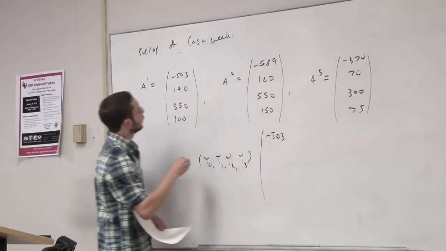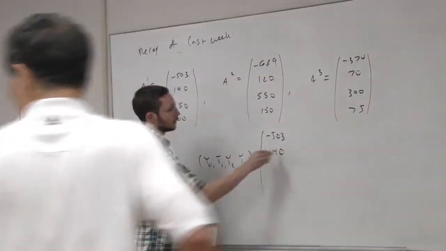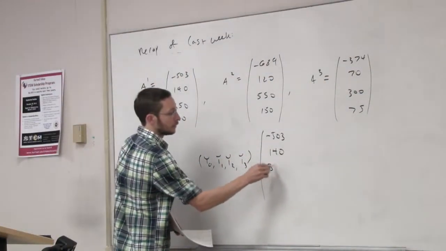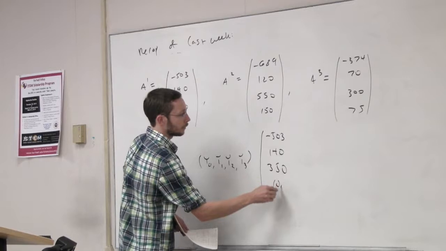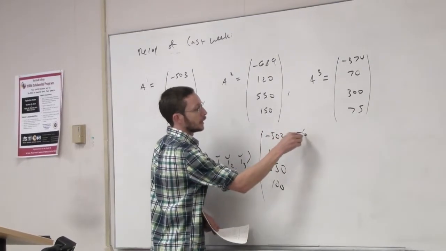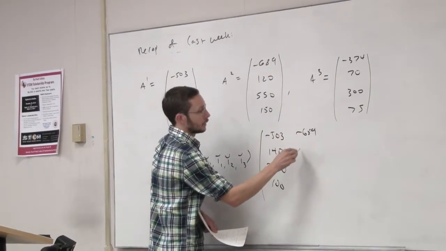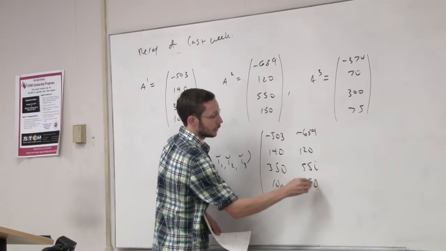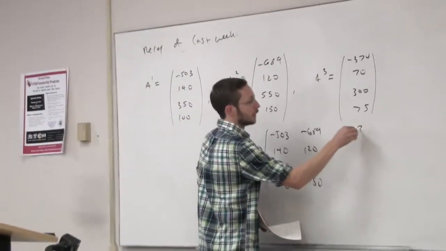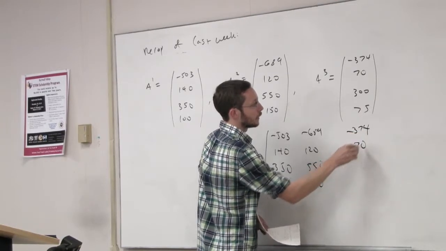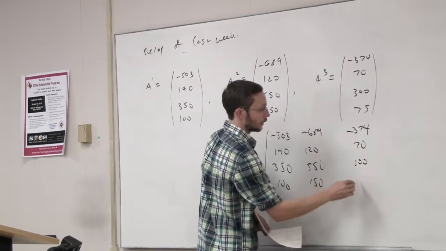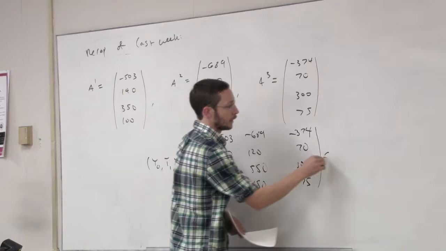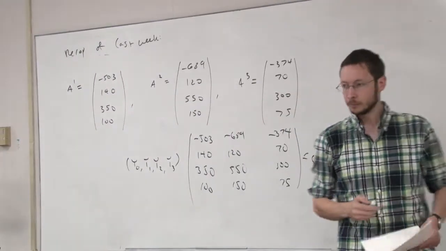Negative 503, 140, 350, 100. Negative 689, 120, 550, 150. Negative 374, 70, 300. And we set that equal to 0.